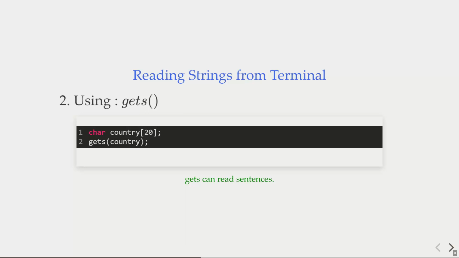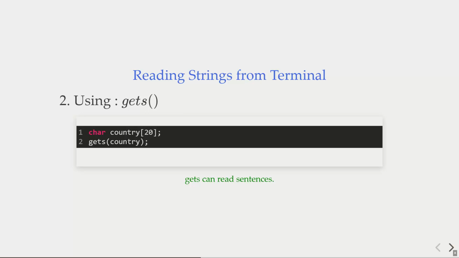There are two points about this. The drawback is it can read only one variable at a time, so one string at a time. It cannot read multiple strings, but scanf can, because it's a formatted function, so it can read multiple variables, multiple strings.